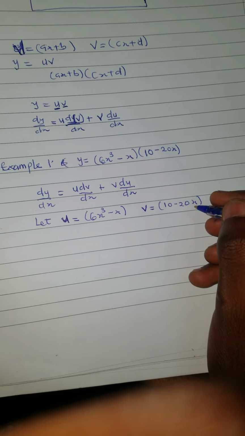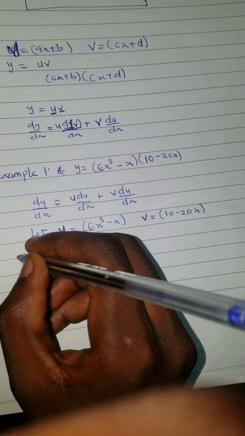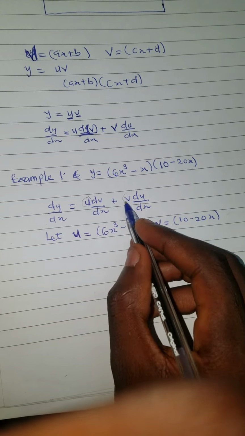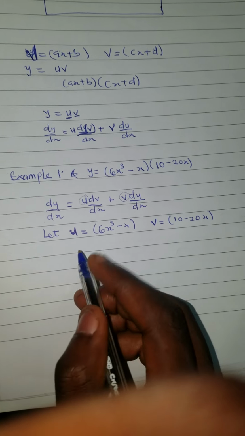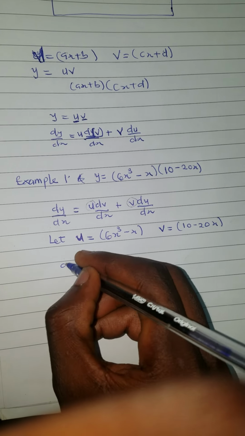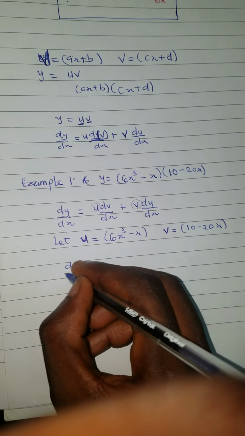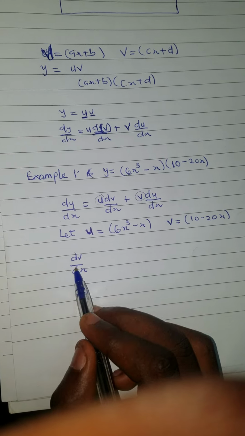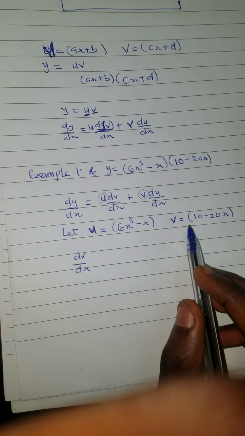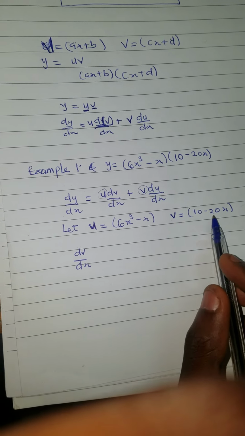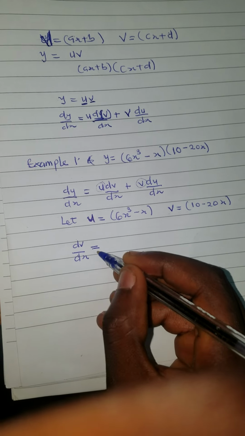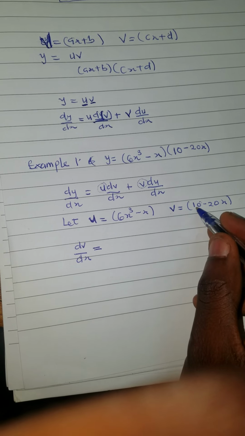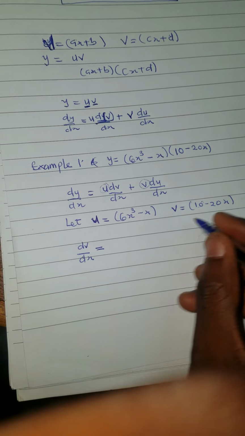So the next thing to do is, we now know our u and our v in the formula. You find dv/dx. It means that you differentiate v with respect to x. Anytime you differentiate a constant, it's 0.